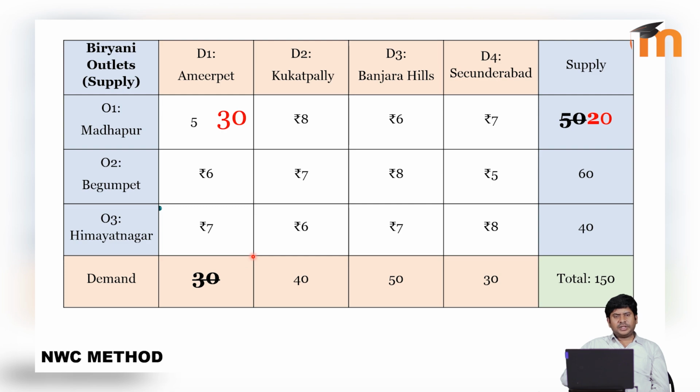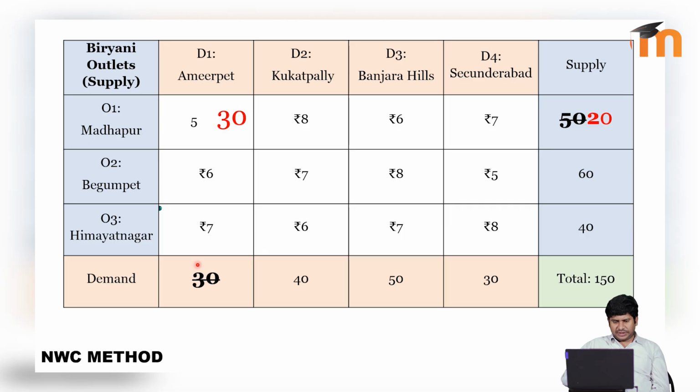Now let me explain in a simple way. When we allocate values in each cell, we allocate until we meet the supply and the demand. The first value we take is 5. The corresponding supply value is 50. The corresponding demand value is 30.